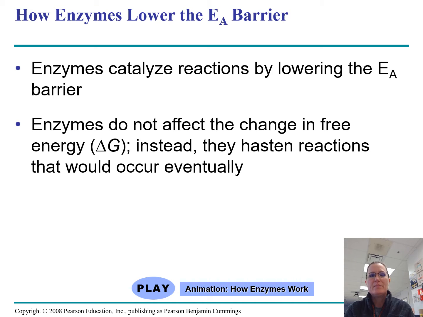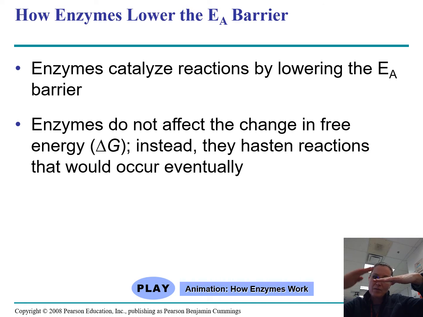This is what I talked about. The enzymes lower that energy. They lower that hump that we have to get over. Now, it does not affect the change in delta G, or the change in free energy. We're starting here and ending here, and without the enzyme we might have to go all the way up like that and go down.